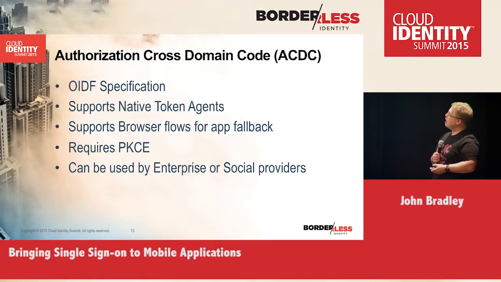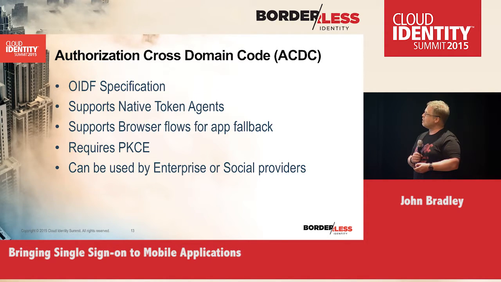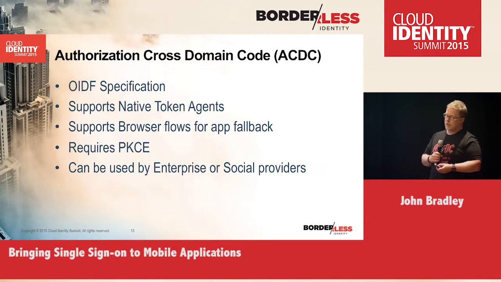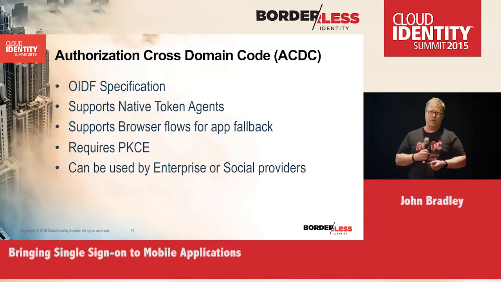ACDC is an OpenID Foundation specification. It supports both native token agents and in the browser, so you can use the ACDC flow for essentially doing federated OAuth, even with a straight browser.